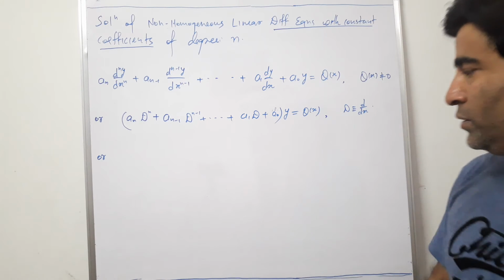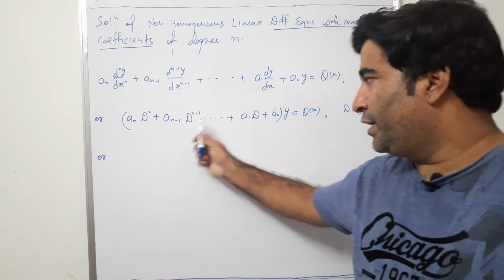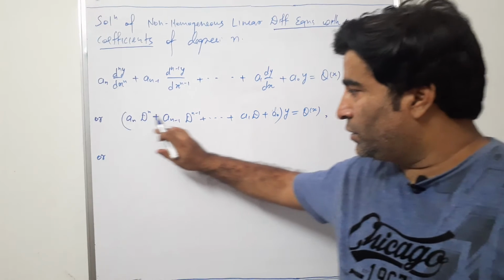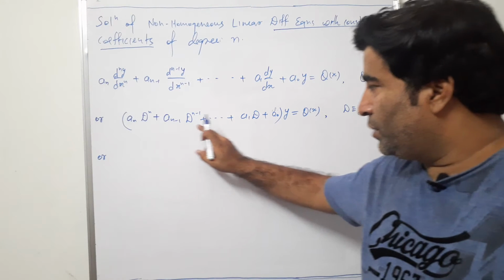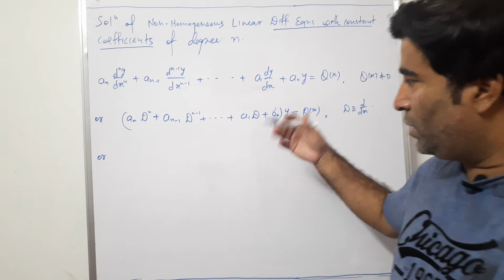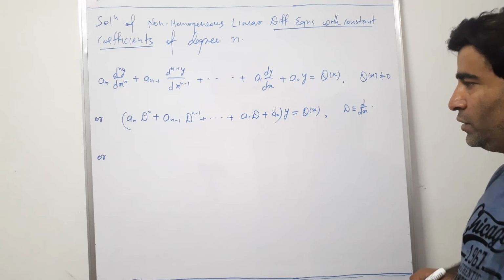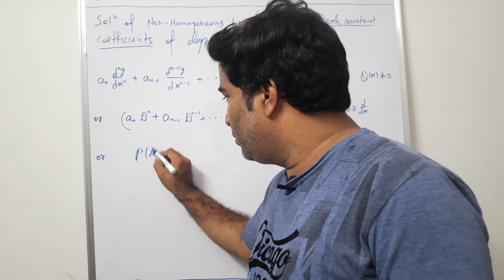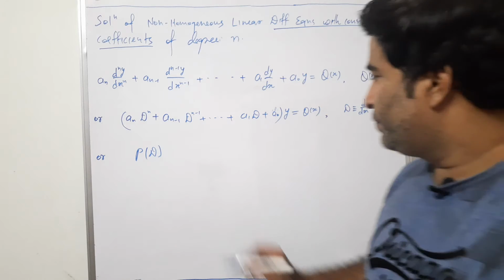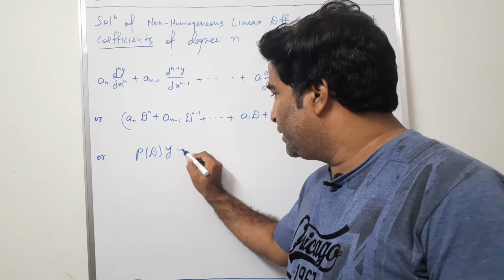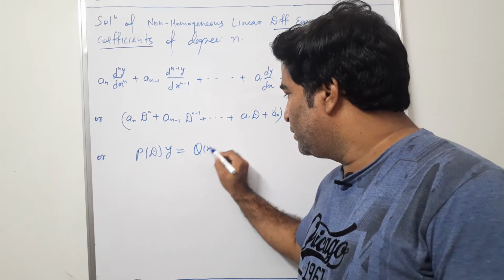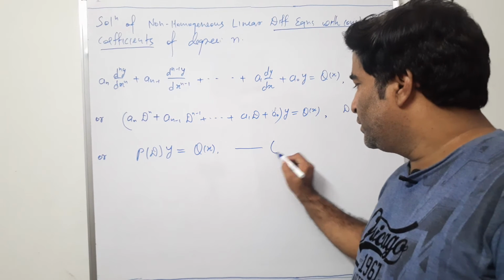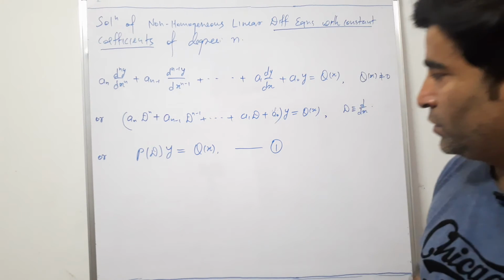So we can write this as a polynomial in D, f(D) y = Q(x), and suppose this is equation number 1.